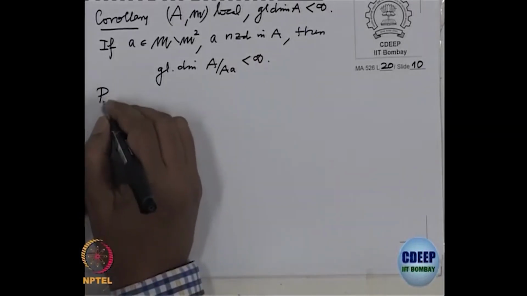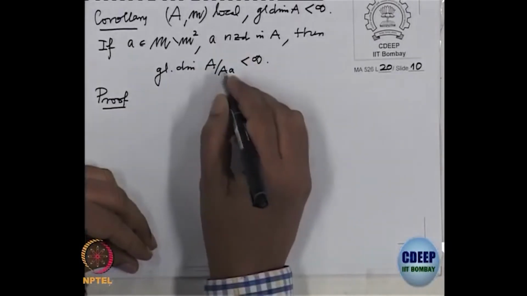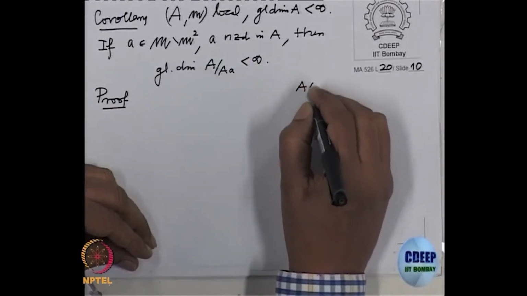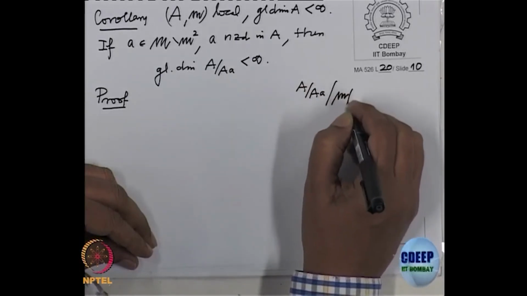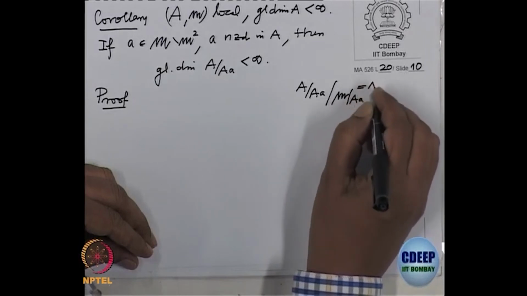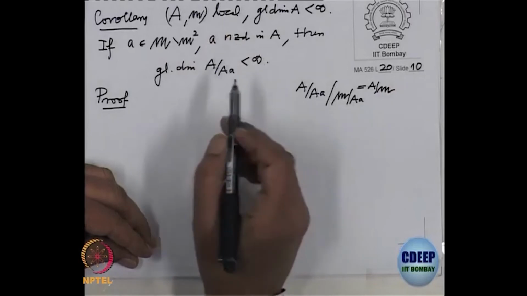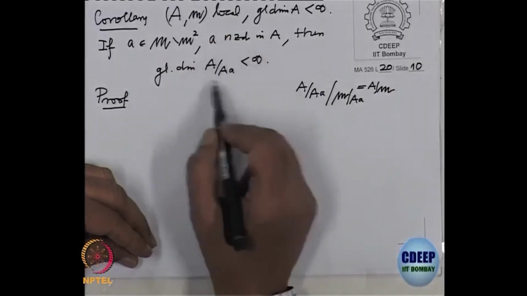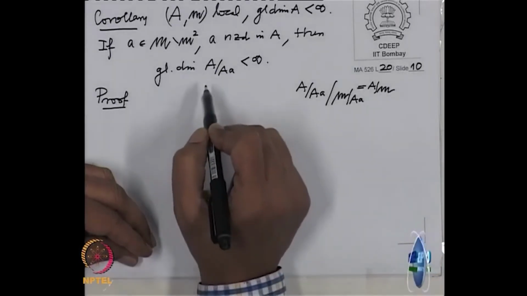So, proof. Note that the residue field of this new ring A by aA is also A by M. So, the residue fields are the same, and to check that this global dimension is finite, I have to check that the homological dimension of the residue field as a module over A by aA is finite.